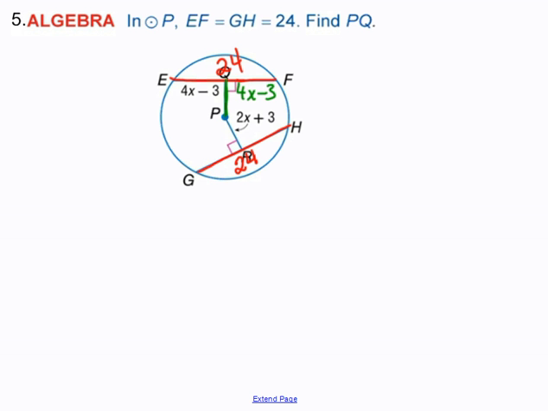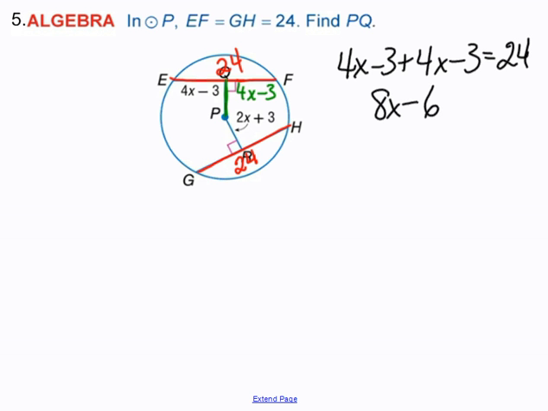So let's do some math. I get 8x minus 6 equals 24, so 8x equals 30, and x equals 3.75.